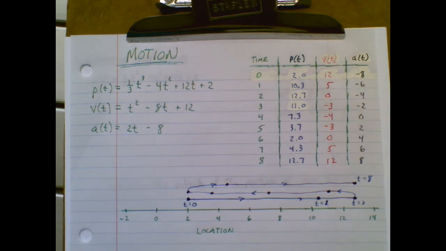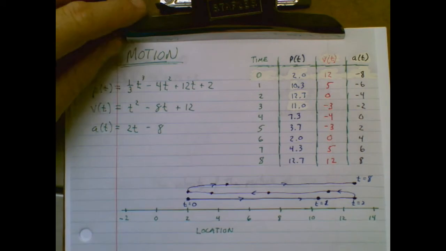And the types of questions they will ask are, what is the position, or is the object traveling to the left or the right at time t equals 5, or what's the nature of the speed, is it speeding up and slowing down?